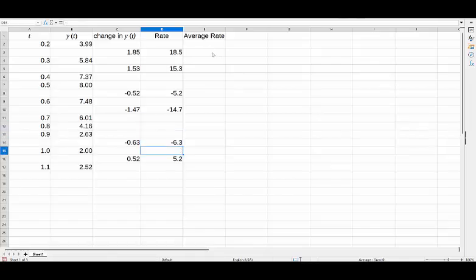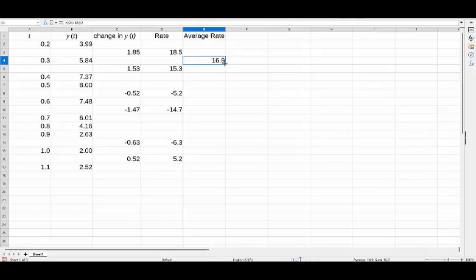Okay, so to find our average rate, we do something simple that we did before. We take the two values. So in this case, this value plus this value, and we divide by 2.